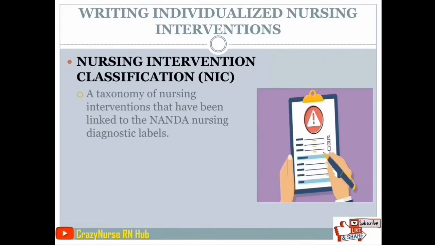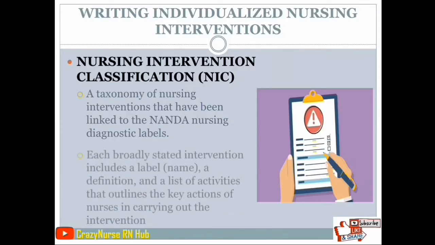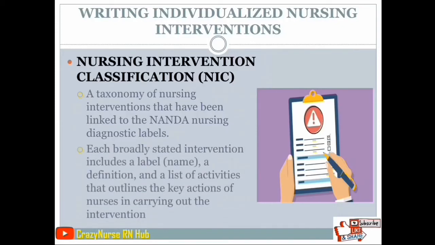It is a taxonomy of nursing interventions that have been linked to the NANDA nursing diagnostic labels, and each broadly stated intervention includes a label or a name, a definition, and a list of activities that outlines the key actions of the nurses in carrying out the intervention.